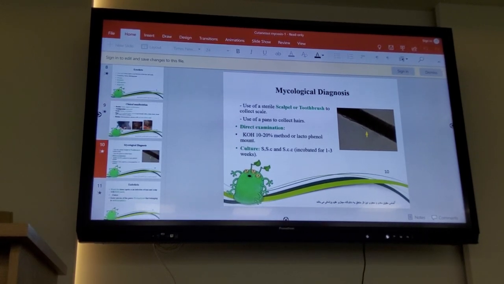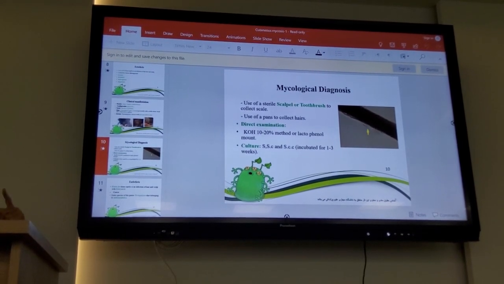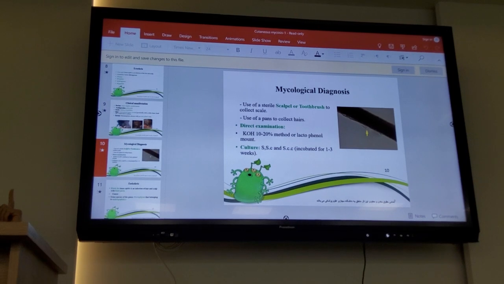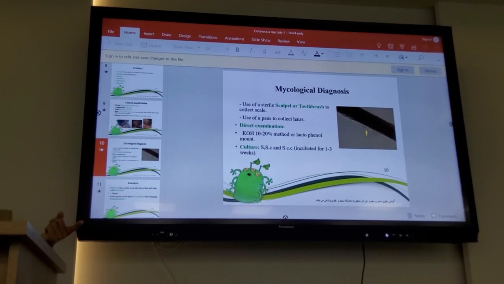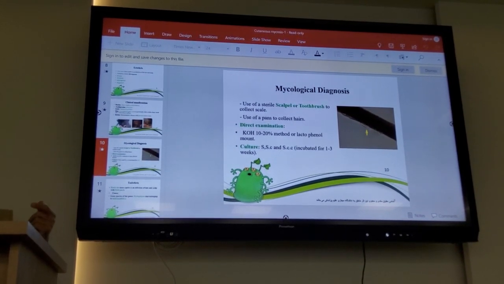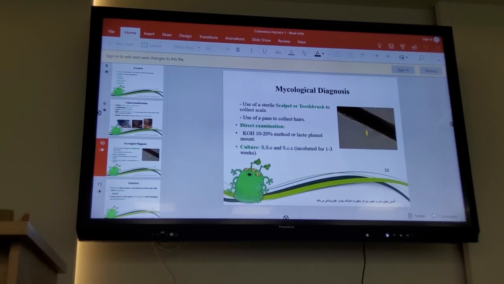For endothrix and favus, you need at least 3 months of drug administration. For geophilic and zoophilic sources, you need about one month or more, maybe.